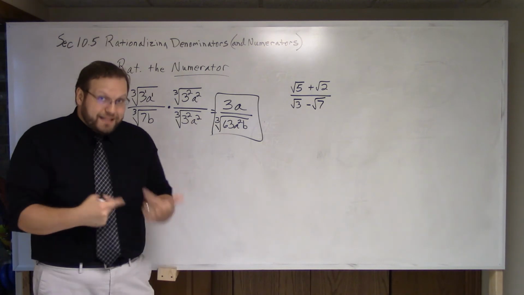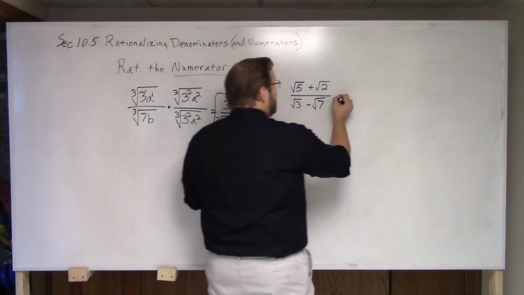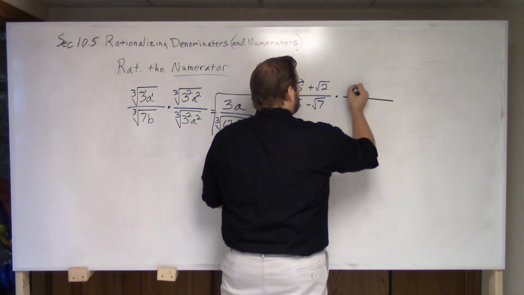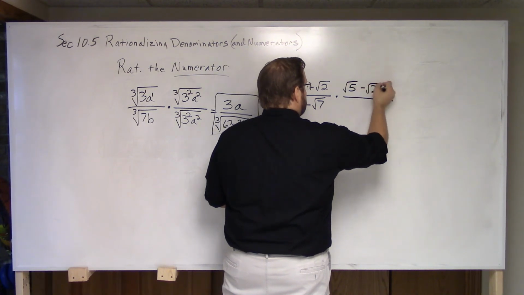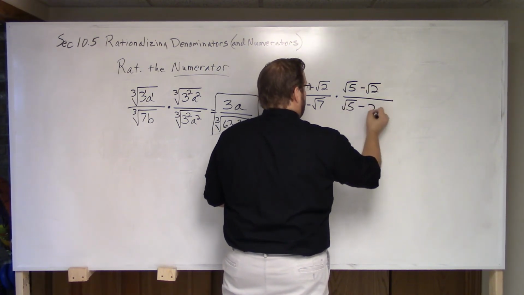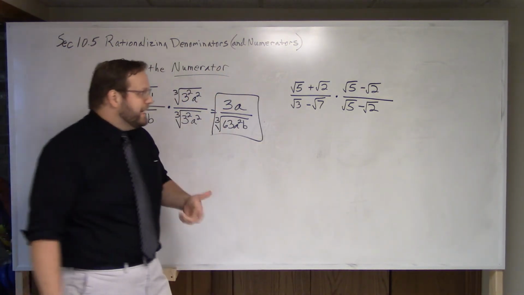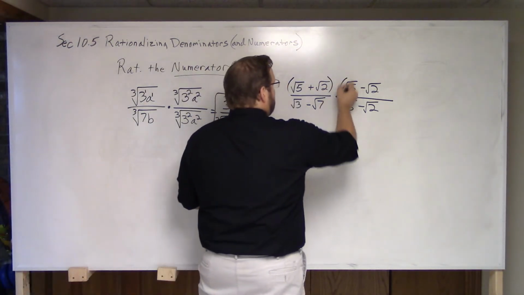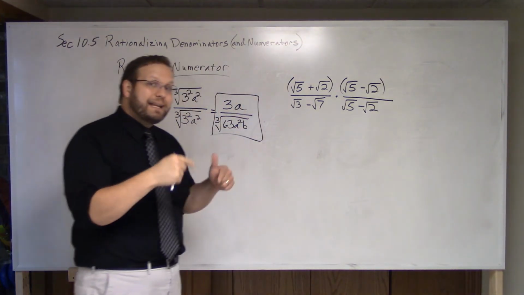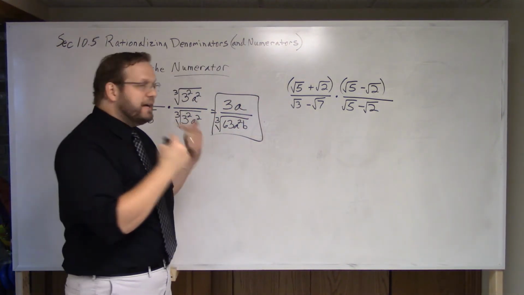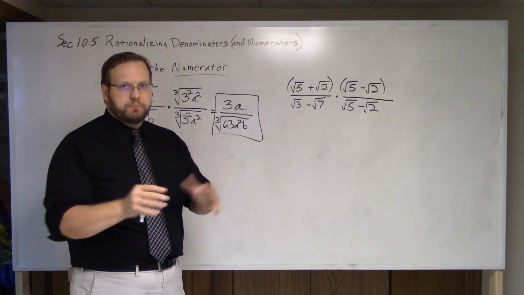I would still use the conjugate, but I would be using the conjugate of the numerator. Like so. And then I would go through and FOIL all that. I'm going to start with the top this time because that has to work out a certain way. If I still have radicals there, I picked the wrong thing, something's wrong.